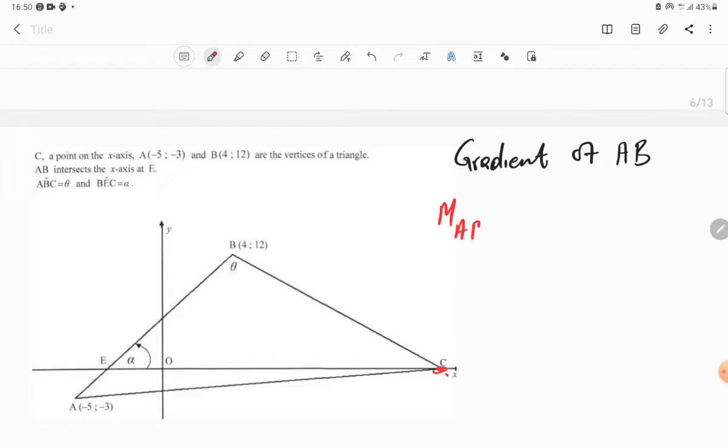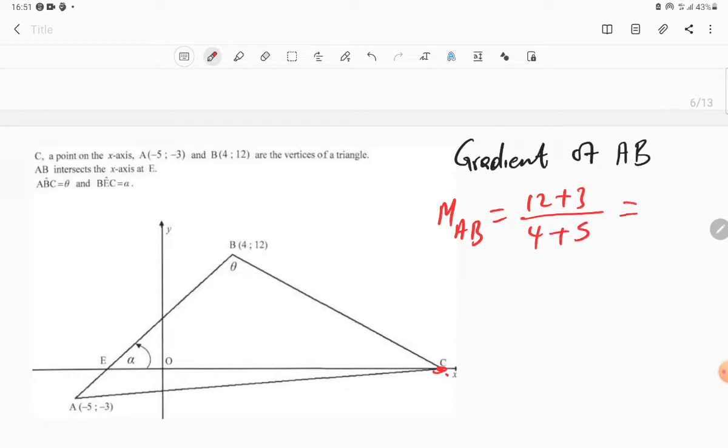The gradient of AB is equal to y2, which is 12, minus y1, which is minus 3, so it's going to be plus, because minus times minus is plus. Then x2 is 4, minus x1, which is minus 5, and minus and minus gives you a positive.